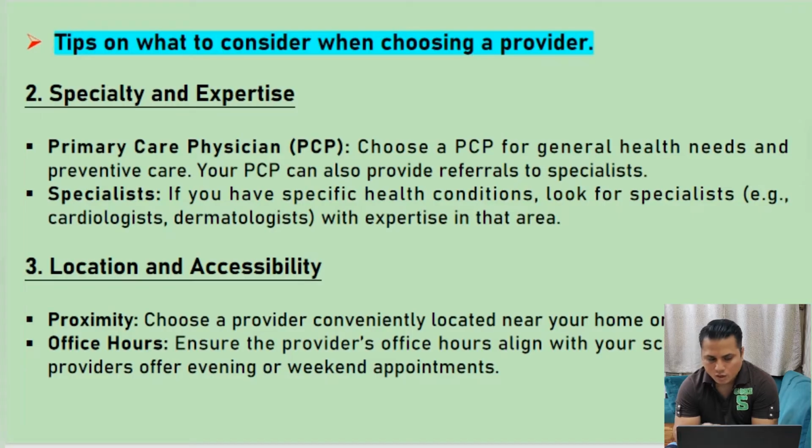Now, number three, location and accessibility. Proximity: choose a provider conveniently located near your home or workplace. Office hours: ensure the provider's office hours align with your schedule. Some providers offer evening or weekend appointments.